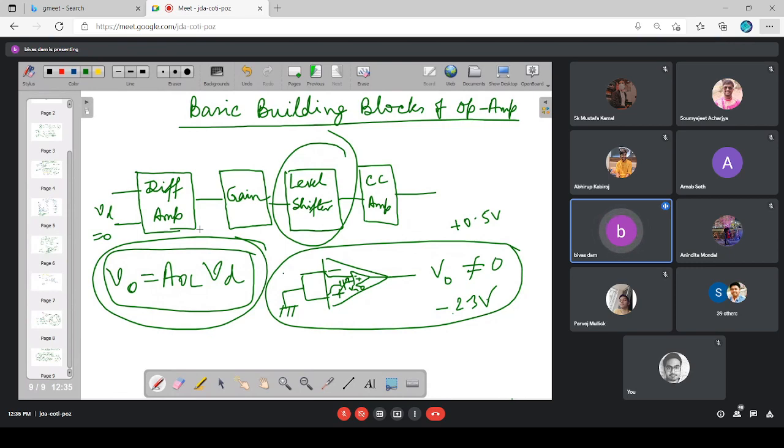That can be explained only if I assume that internal to the practical operational amplifier, I have two components: one is the fictitious ideal operational amplifier and one fictitious input voltage, a fictitious DC voltage source VIO. That's all. Okay, sir.